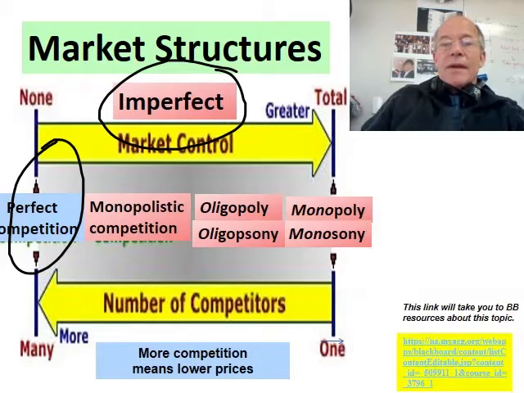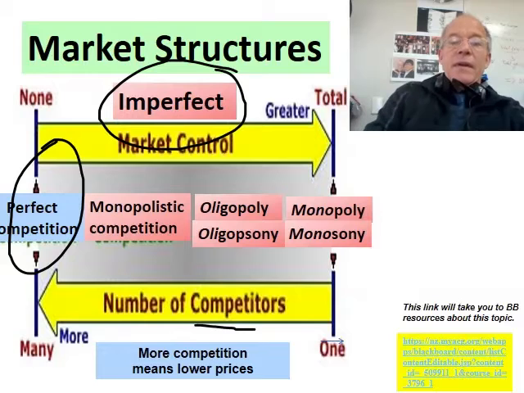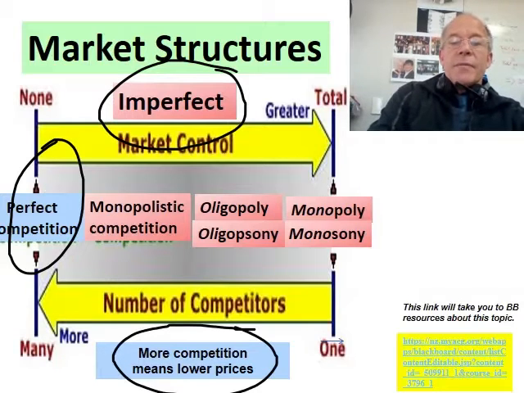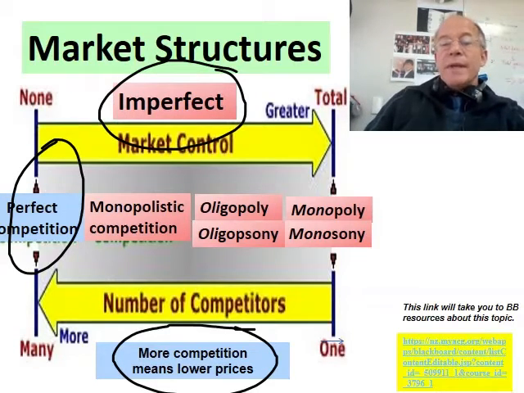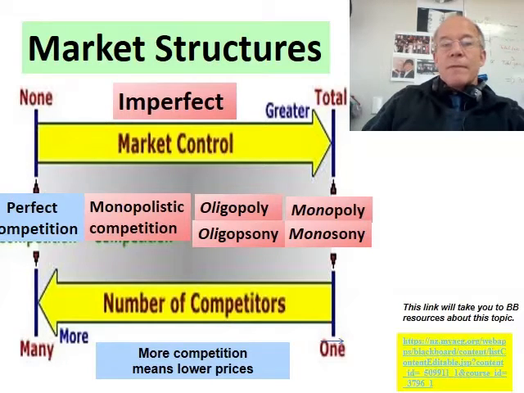The essential idea is that a market will be more perfect when there is more competition, because more competition will mean lower prices. So, having said that, let's now move through and look more closely.